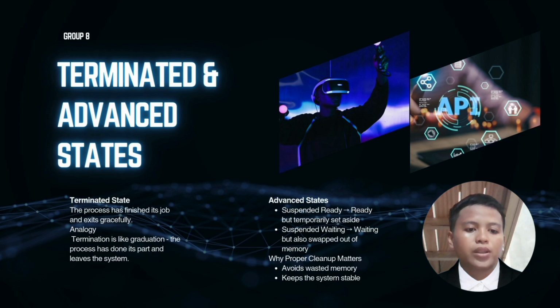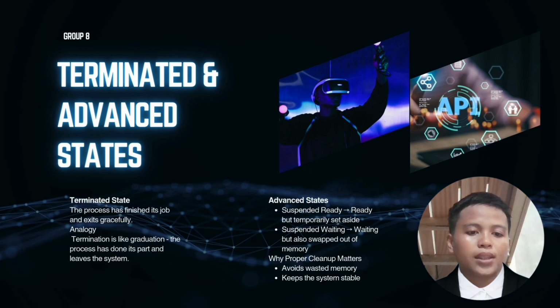Suspended ready means it's ready but set aside temporarily. Suspended waiting means it's waiting and moved out of memory. Cleaning up is important, it saves memory and keeps the system stable. That is it for the states.